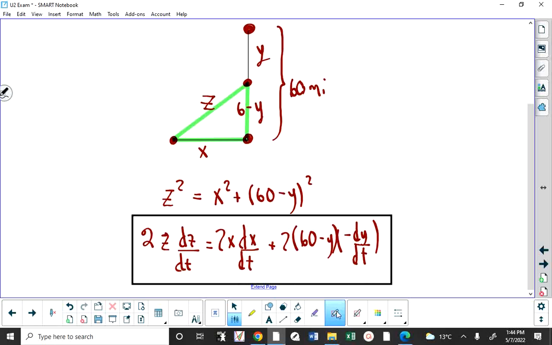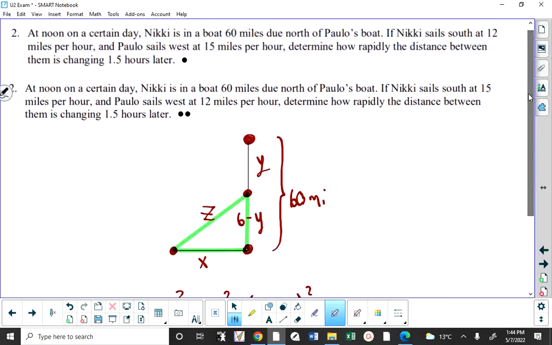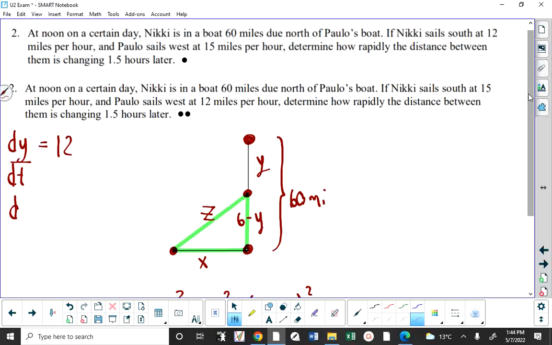Now, let's talk about the difference between these two. If you're looking at exam version 1, dy/dt is the rate at which Nikki is sailing, and she is sailing south at 12 miles per hour. So dy/dt is 12. dx/dt for version 1 is how fast Paulo is sailing, and he's sailing at 15 miles per hour. And in version 1, you're trying to find dz/dt.